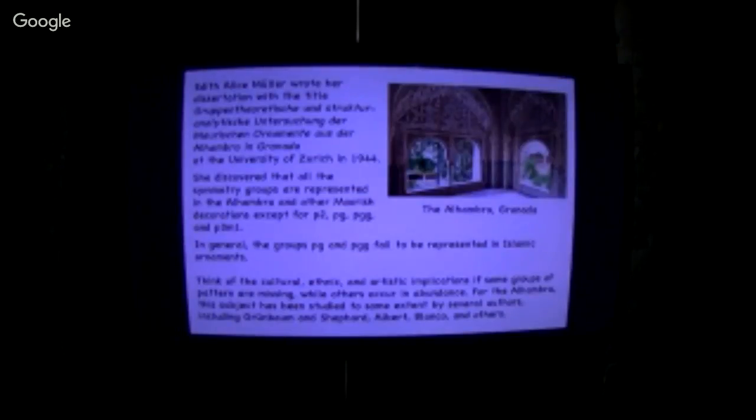After high school, she joined the University of Zurich to study astronomy. This is Edith Alice Müller. While she was studying astronomy, Alfred Spicer, who was very well known, could talk her into leaving astronomy, going into mathematics, into group theory. She liked it, and she left for her PhD thesis to Granada.